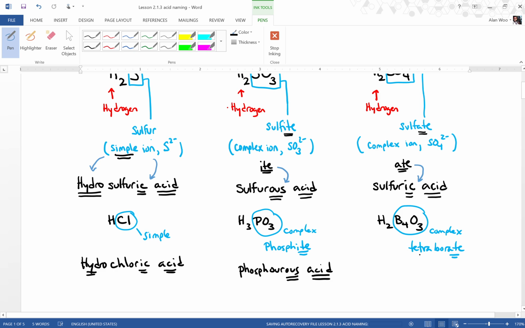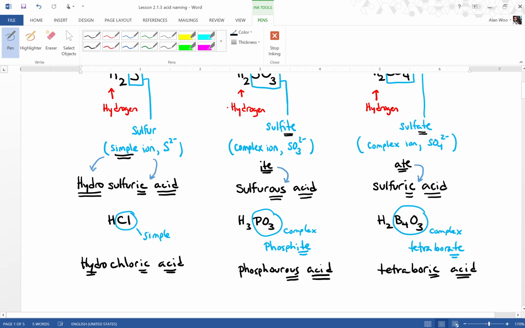And then this tetraborate, again we use the root name, so tetra, and borate becomes boric acid. So you'll notice that complex ions never use the word hydro, and the ending, whether it's OUS acid or ic acid, depends largely on whether it ends in ite or ate for their complex ions.